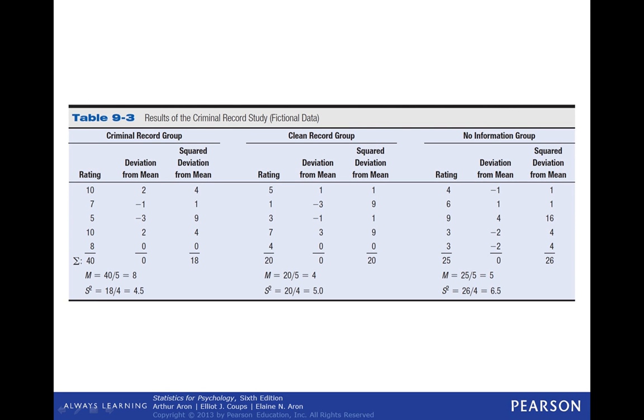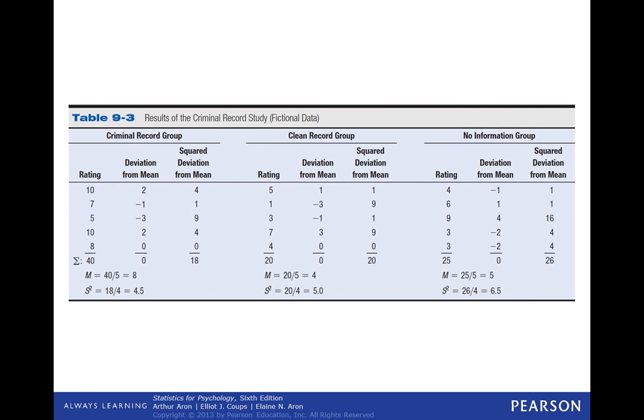If you take the data and do what we've done all along to create the variance for each one of these, you will create a deviation from the mean for each participant's score using the mean of that group. For instance, in the criminal record group, if you sum the scores, you will get 40 points.